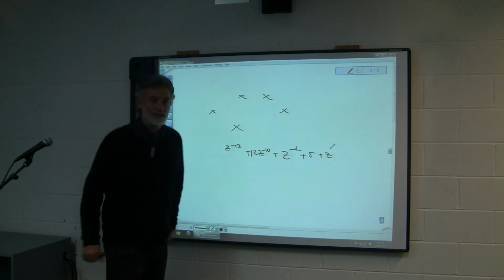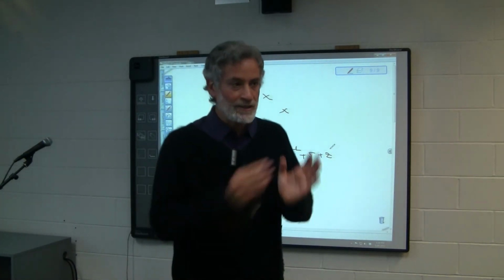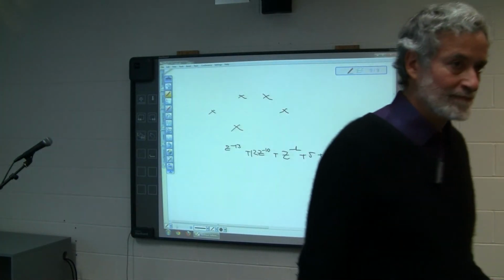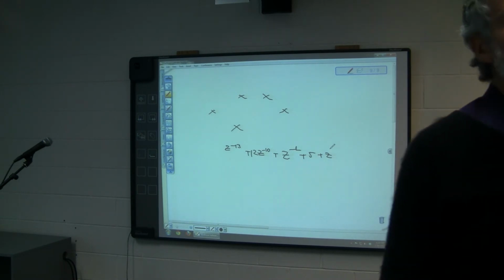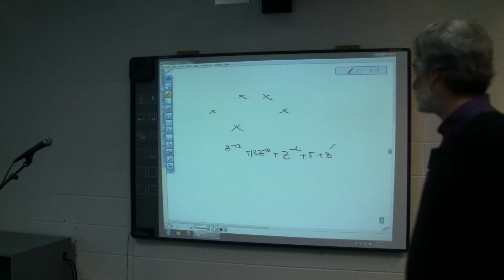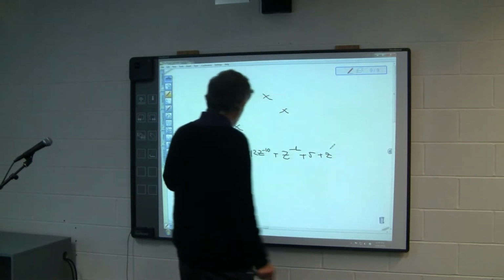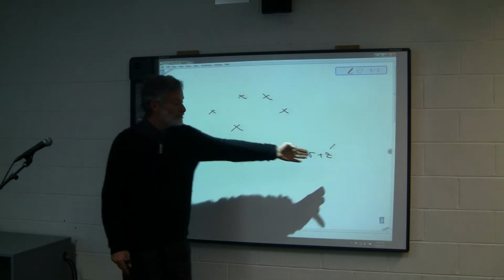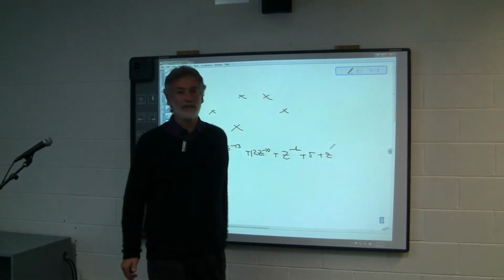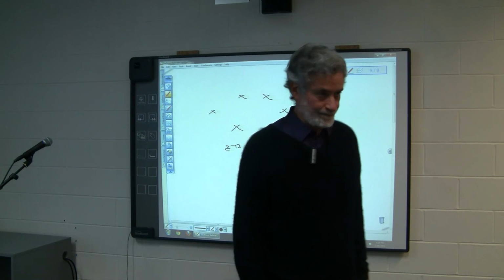And then plus higher order terms. I don't care about the higher order terms. I only specify finitely many. This is what I want the function to begin with, and then you can fill it out any way you want. But it should have a pole of order 13, and the beginning of its Laurent expansion should look like this.